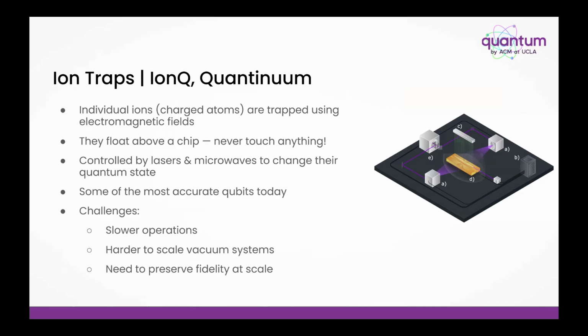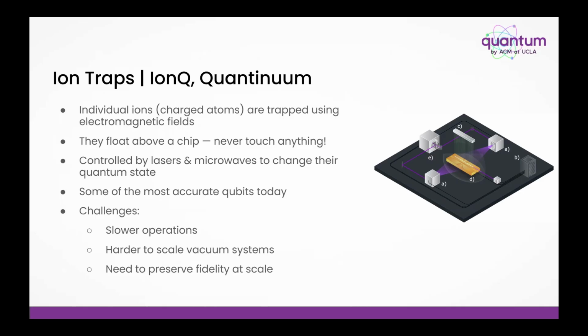They're not in physical contact with any of the parts of the chip. These are just suspended above a chip using these electromagnetic fields, which makes them really clean and stable. We use precisely tuned lasers and microwaves to control them, flipping or entangling their quantum states. Think of it like flipping from a 0 to a 1. That is what the lasers are being used for.